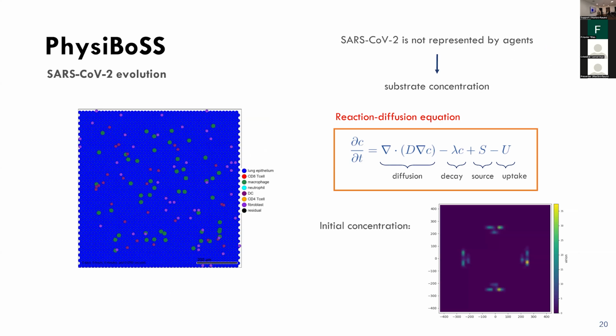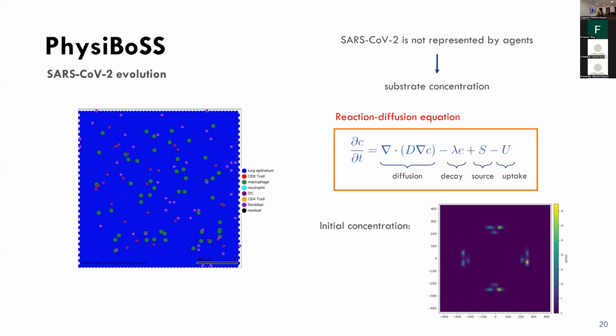And as I told you, the virus is not considered as an agent, but we compute the concentration in each cell, and then it's applied for the solution of the reaction diffusion equation that they solve.